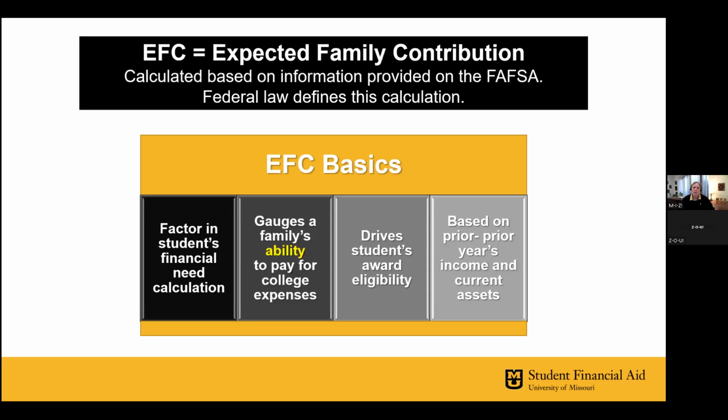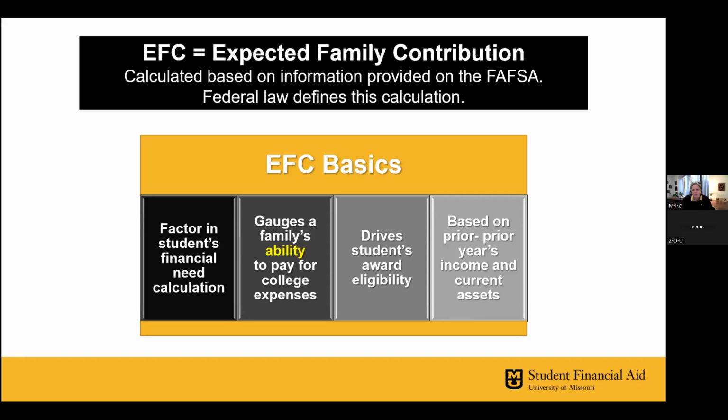And again, we talked about when you complete the FAFSA, you're actually completing it from a prior year basis. So you take the year of the fall term, you subtract 2, and that's the tax year that you're using to complete your FAFSA. Now, sometimes a lot of things can change in 2 years from the time you complete your taxes. If financially things have changed significantly, examples that I can think of are if there's a loss of job, or maybe the job wasn't lost, but a significant loss of income.